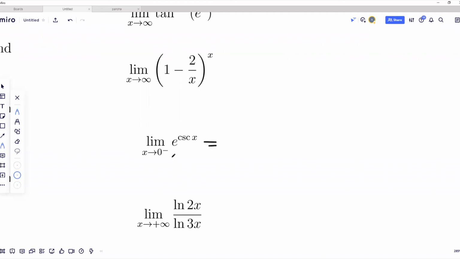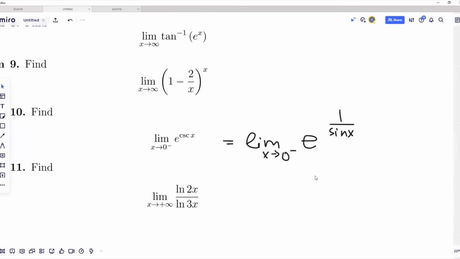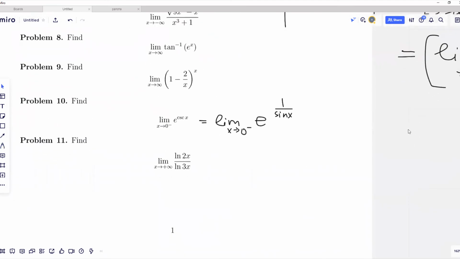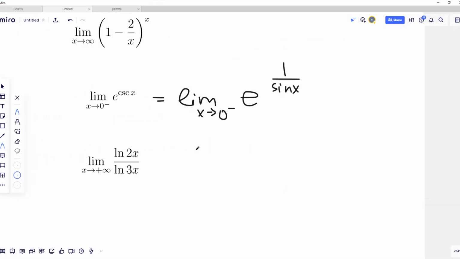Limit as x goes to 0 from the negative side of e to the power of cosecant of x. We can express that as limit as x goes to 0 minus of e to the power of 1 over sine of x. Now, let's take a look at the value of sine of x as x goes to 0 from the negative side.